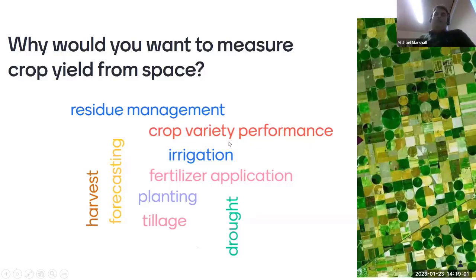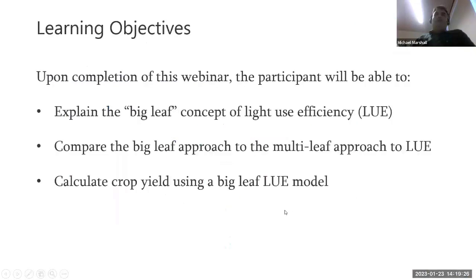Crop variety performance, this is a huge topic, because not only do certain crops perform better in certain areas, but different hybrids, GMOs perform better or worse in certain areas. And this can somewhat be assessed with remote sensing. Irrigation, when and where to water, similarly with fertilizer, tillage. So you can see a lot of different applications.